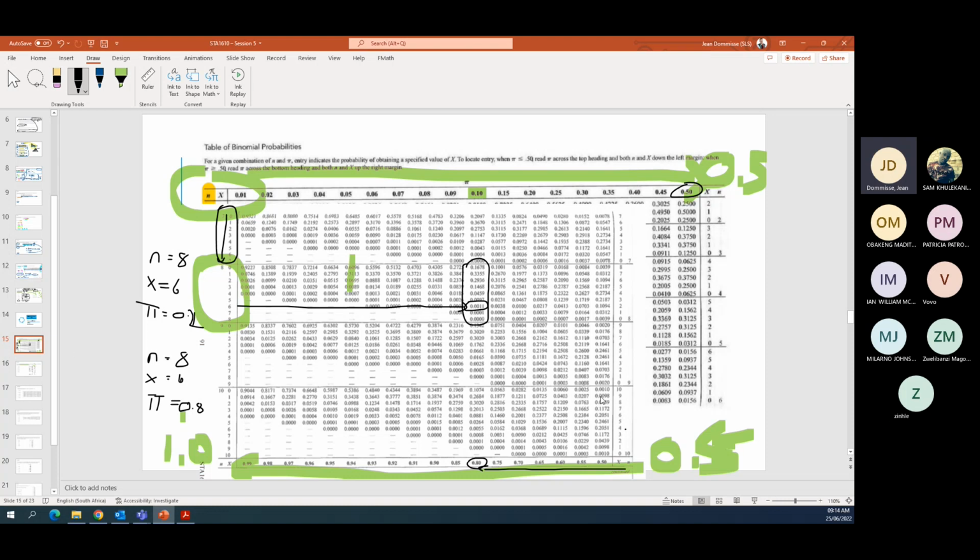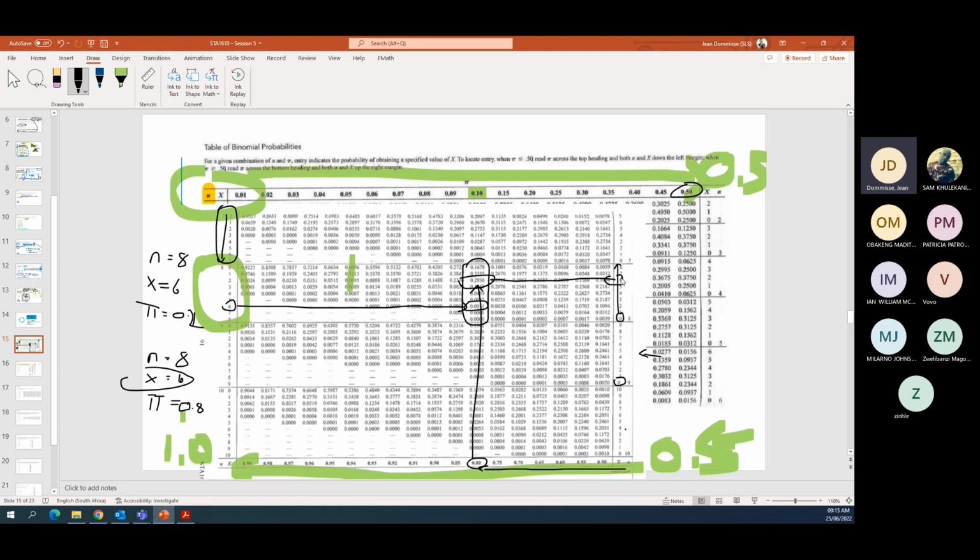When we're at the bottom, you need to look at the right side of the table, because here we go from 0 to 8 upwards. So if we needed to find x equal to 6, it would actually not have been that one, it would have been that one, going up to where x is 6.